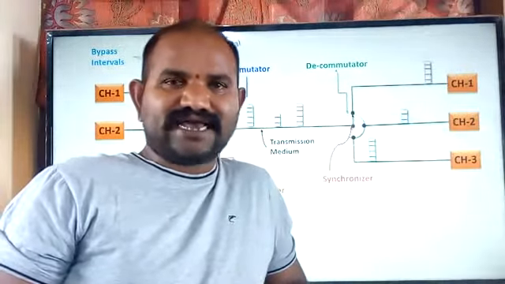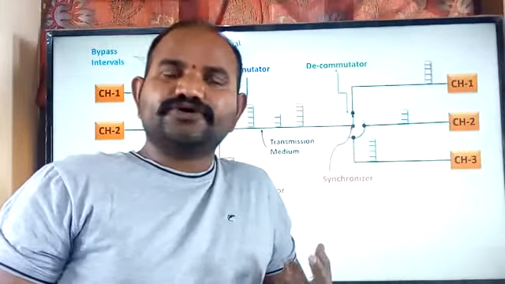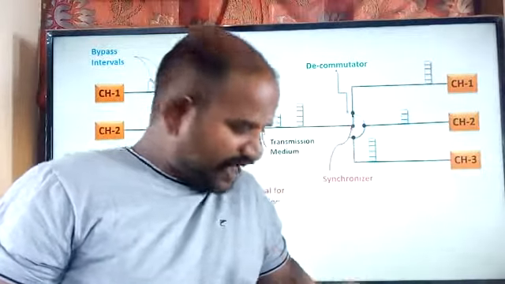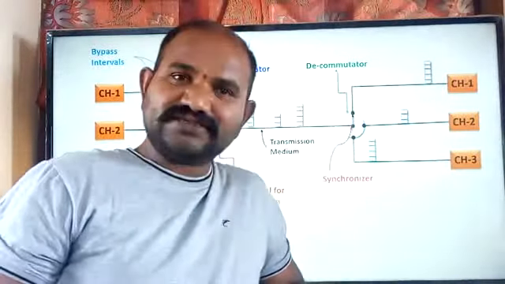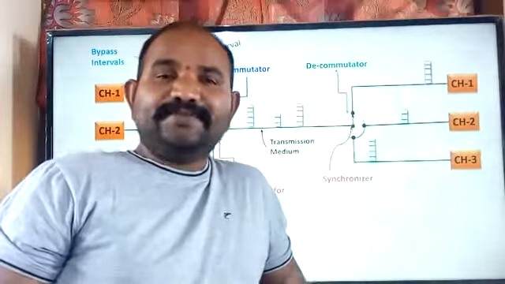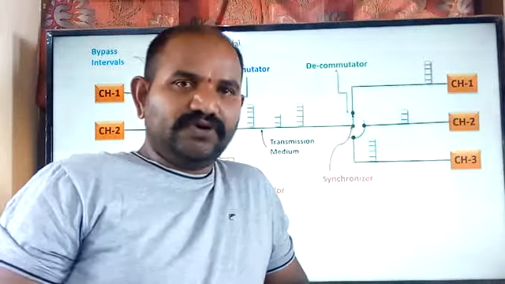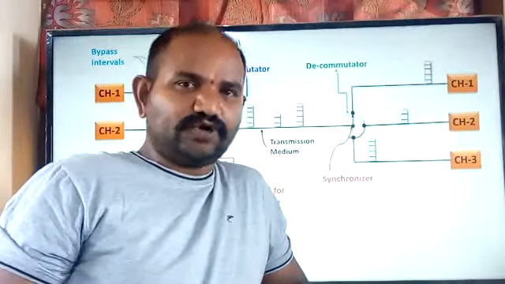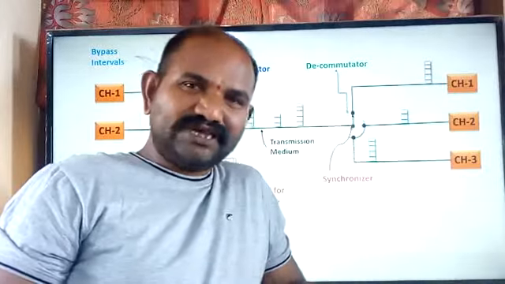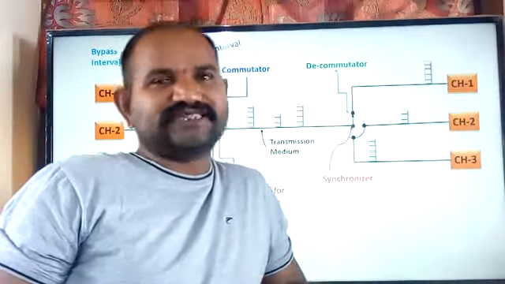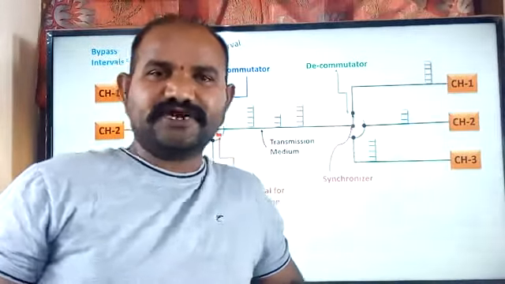It is not like that. Multiple channels are received by the antenna, and we have the set-top box. Depending on our channel option, only one channel is driven as an output from the set-top box, but inside the set-top box, multiple channels are there.